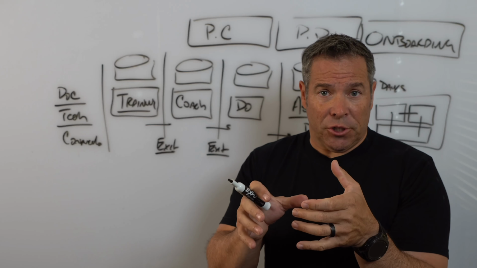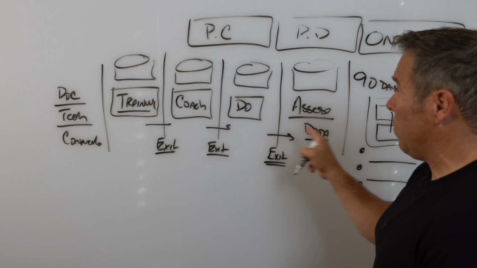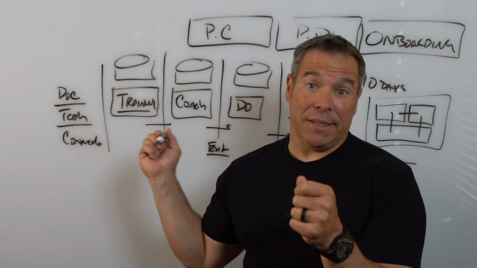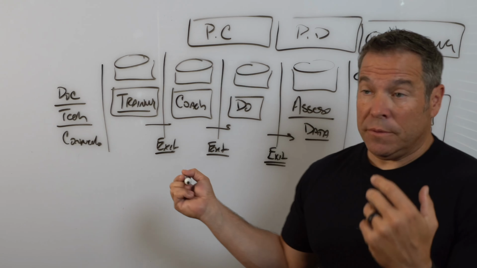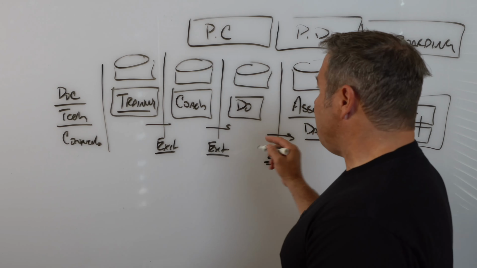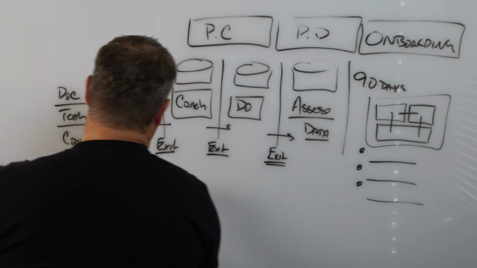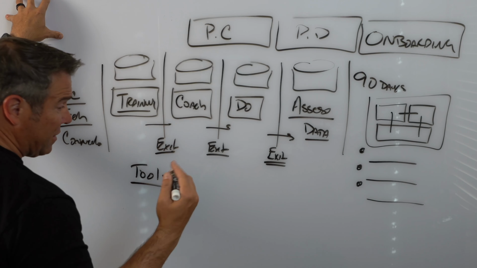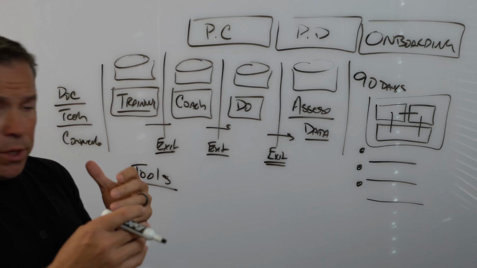The next thing I would suggest that you do is take a couple of people who've gone through the process recently and have them test and assess against this. What did they miss? How are they documenting it? Yesterday, I did a quick video on the documentation piece. We want to know tools. What kind of tools do people need to have access to? That's typically the technology, the resources.